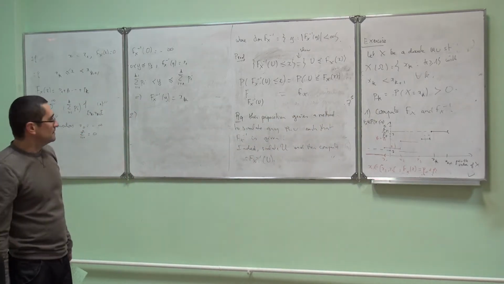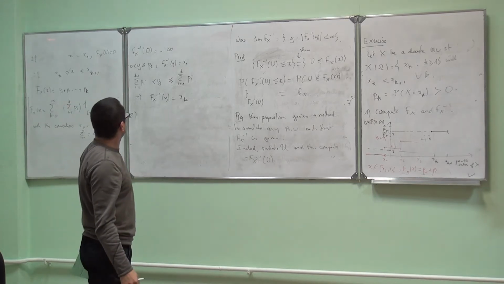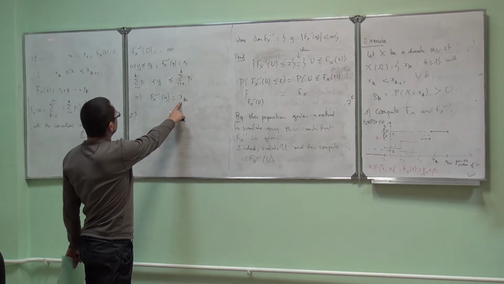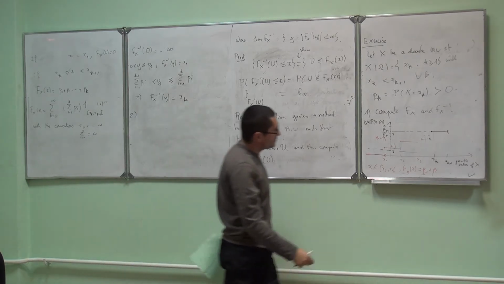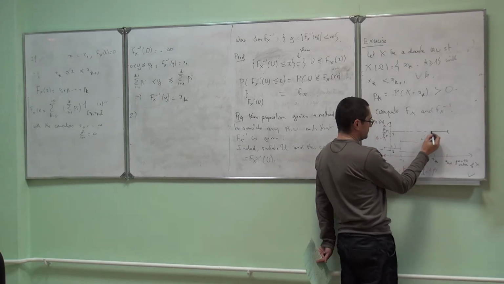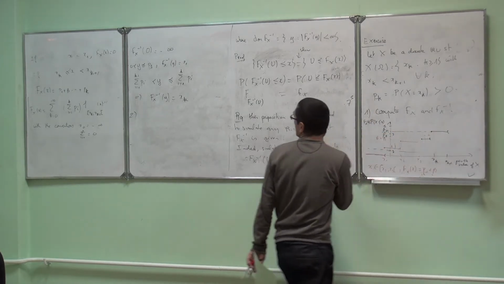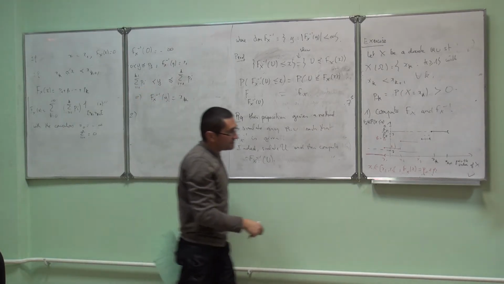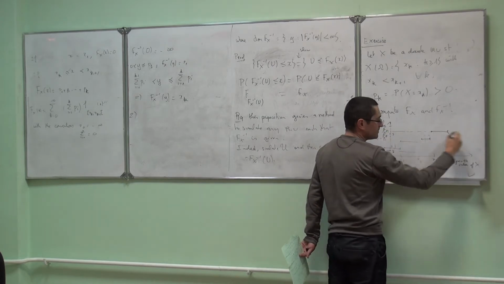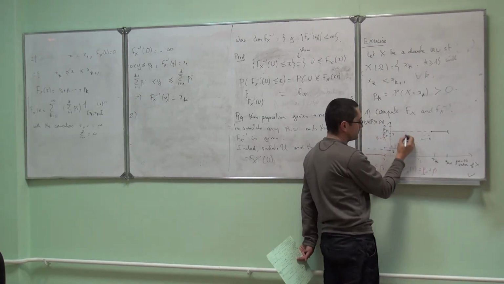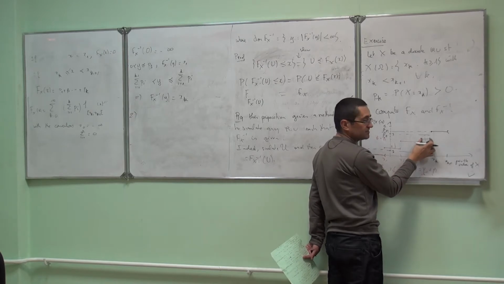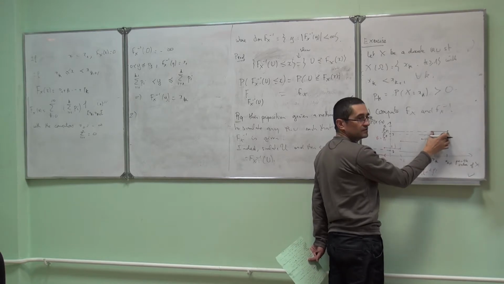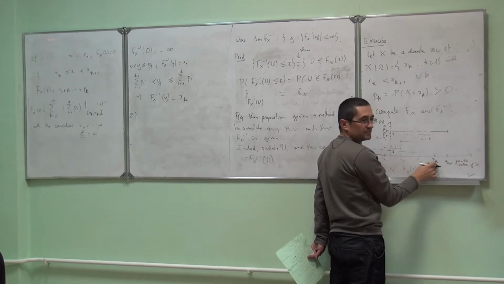So maybe you should write x_{k-1} here? No, x_k, because y maybe is this sum, but y is strictly greater than it. Okay? And then your line is strictly greater than this part. So you just keep the part from x_k.